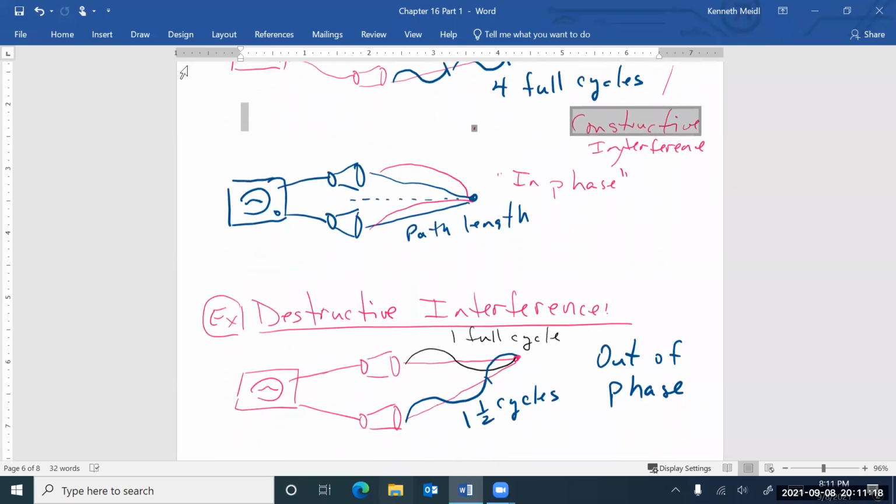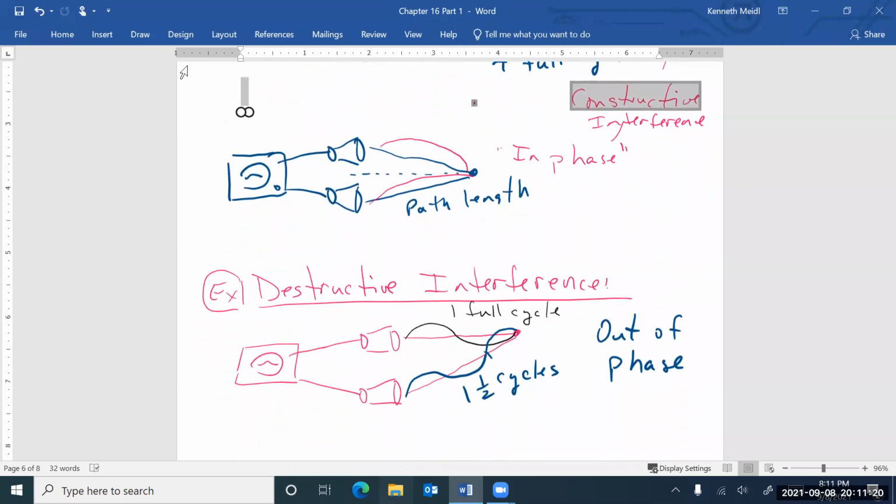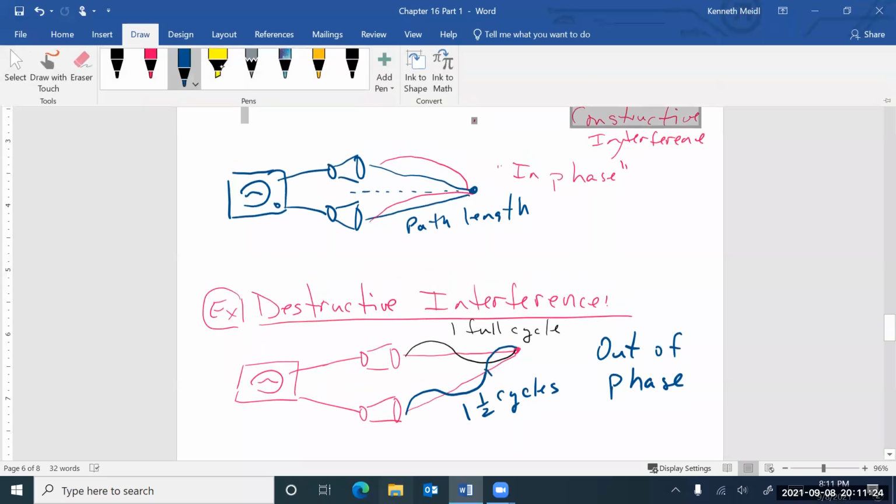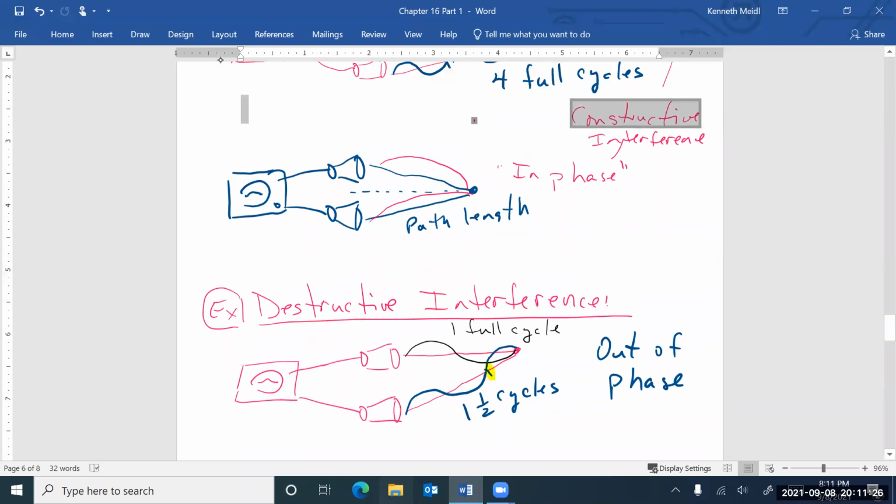And that's what allows them to be in phase here. And so down here where it's destructive interference, the extra path length is this right here, right? The bottom wave has got to travel that extra distance more. And that extra distance happens to be, in this case, half of a wave. That's what put them out of phase.